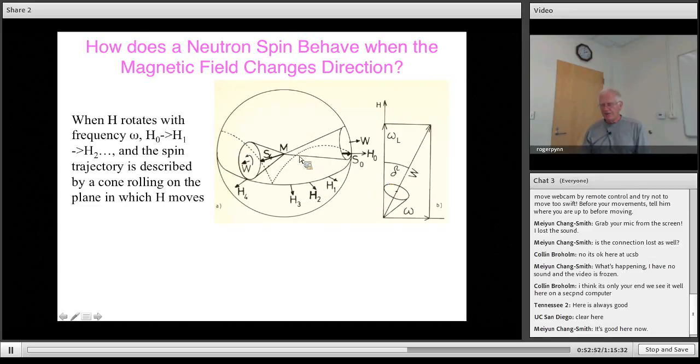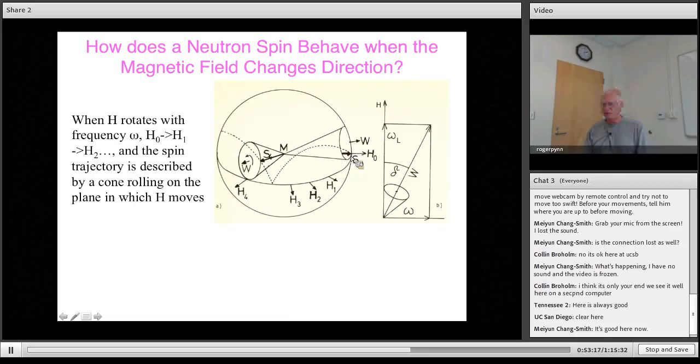Well, if you imagine an ice cream cone, which is lying on this equatorial plane, and the line where the ice cream cone lies on the equatorial plane, imagine drawing the spin along that line, and then unrolling the cone on the equatorial plane.